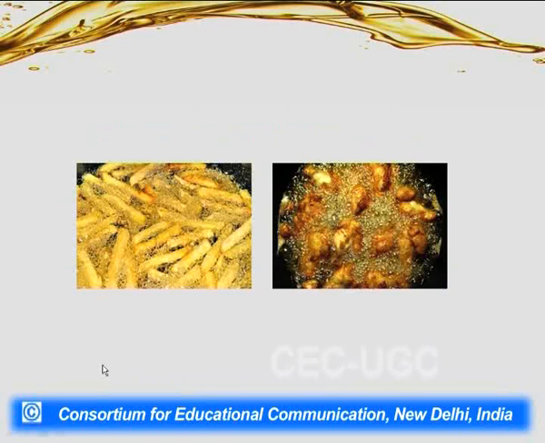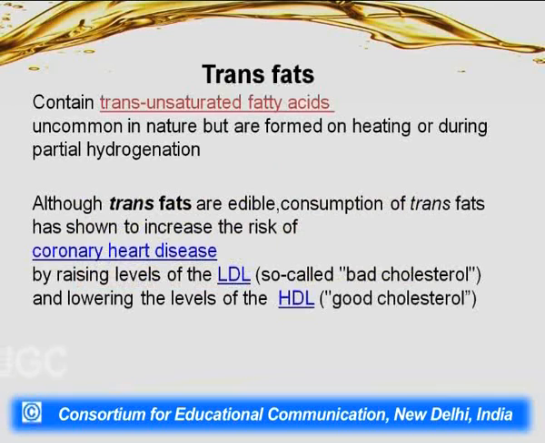When we use these oils for frying, some food materials are being fried. So, when we are using these oils for frying, we are heating the oil at a very high temperature, and at that temperature the cis double bond gets converted into trans, and that oil or fat gets converted into trans fat.